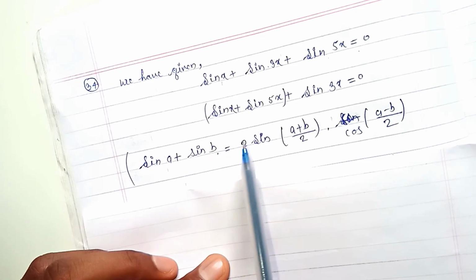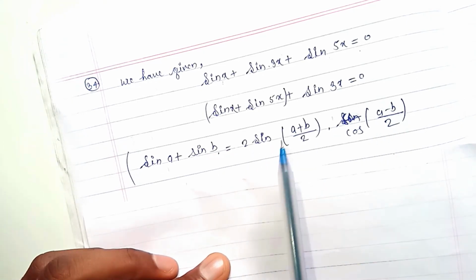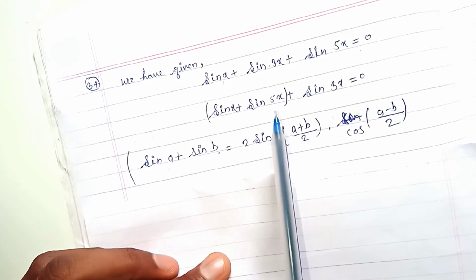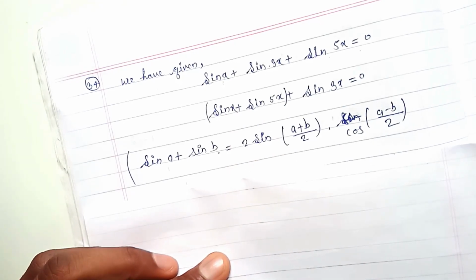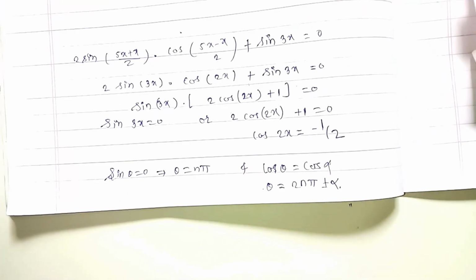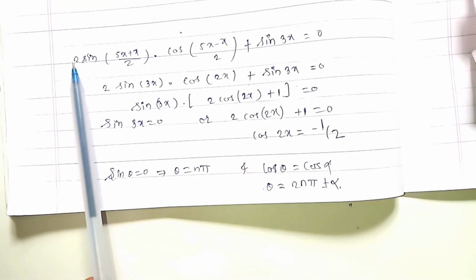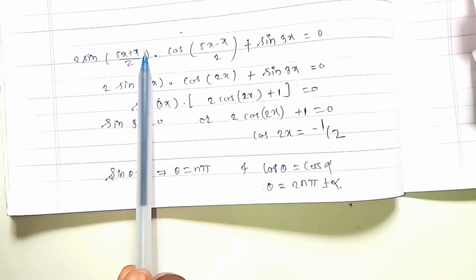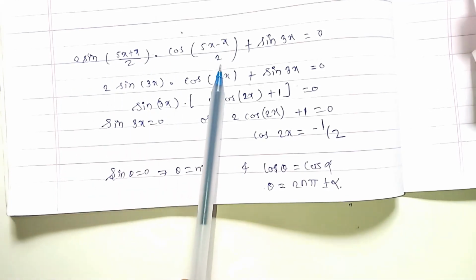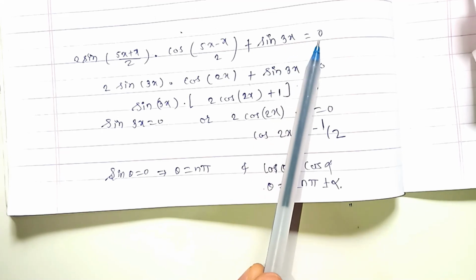Now sin a plus sin b is equal to 2 sin of a plus b by 2 into cos of a minus b by 2, that means 5x plus x by 2 and 5x minus x by 2. Now substitute these values: 2 sin of 5x plus x by 2, cos of 5x minus x by 2, and sin 3x as it is, equal to 0.